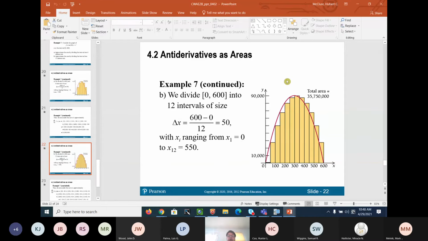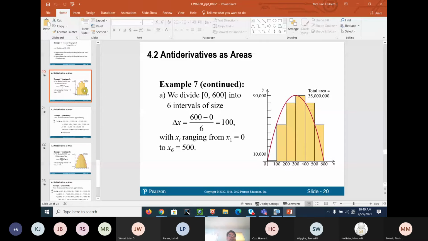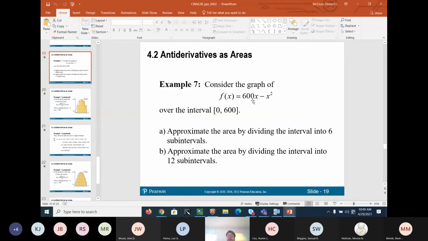So technically, they're going from 0 to 600. And what is the function? I want everybody to write that function down, and I want you to go from 0 to 600. Technically, you're doing Riemann's theory, except you're just cutting to the chase.